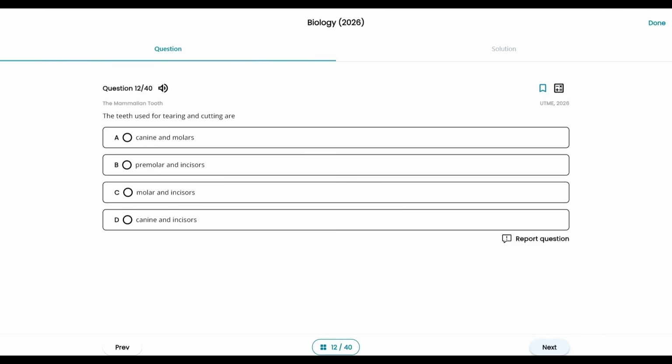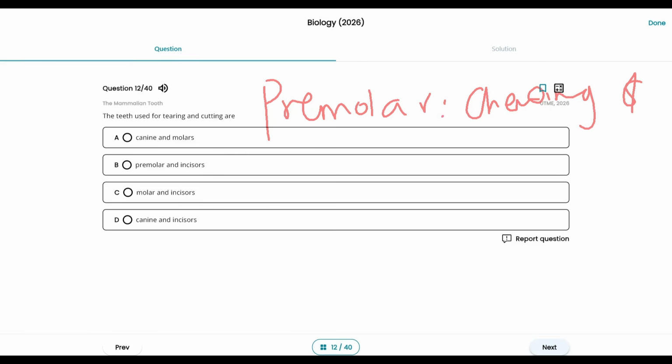So let's move to the next set of teeth. We have the premolar. Premolar is used for chewing and breaking food. They are kind of flat. Then we also have molar.